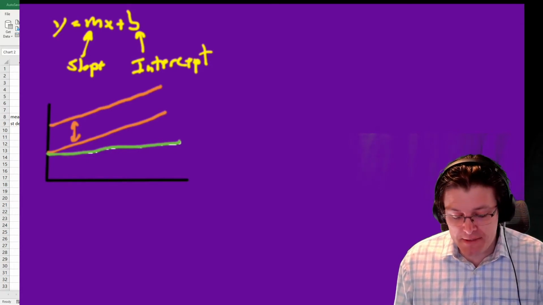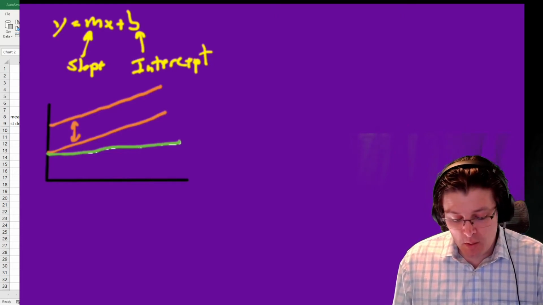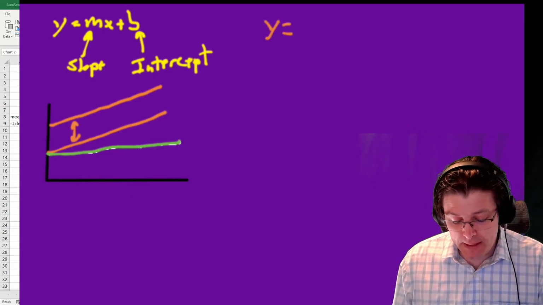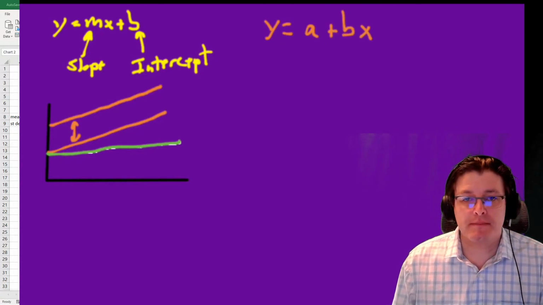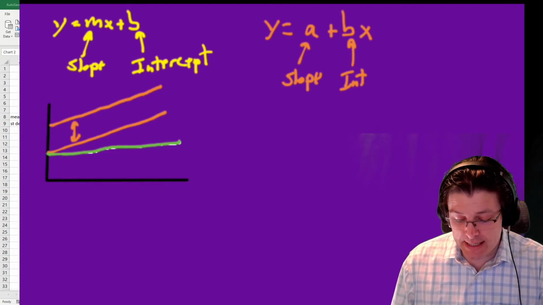We're going to do the same thing, except we're going to change our notation a little bit. We're going to deal with y is equal to a plus bx, where a is the slope and b is the intercept. That is not true.